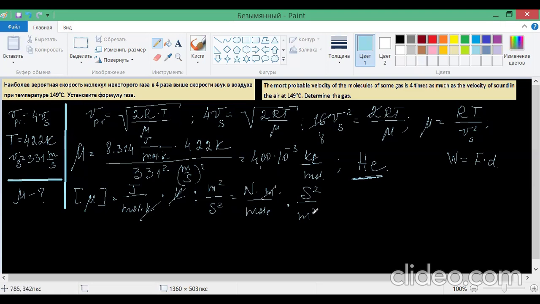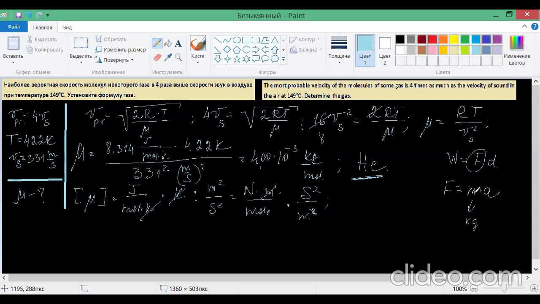So in this case, m get cancelled partially. Okay, and now we got Newton, but we remember that Newton is the measurement unit of force, and force, according to the second law of Newton, is the product of the mass of an object and its acceleration a.